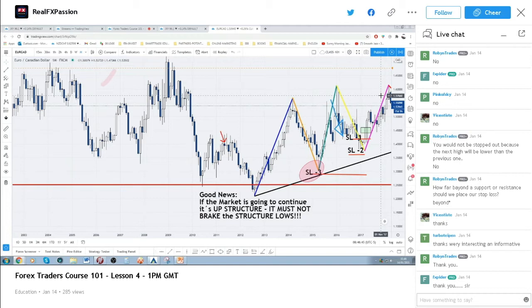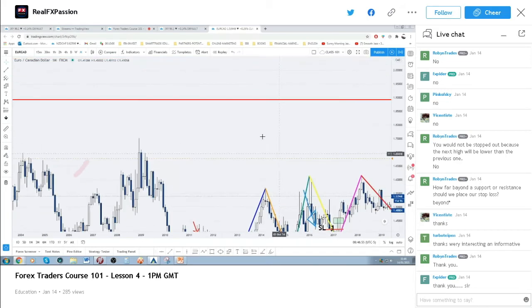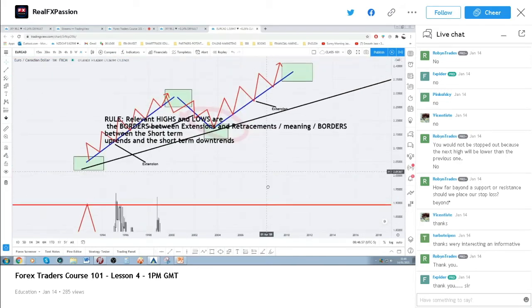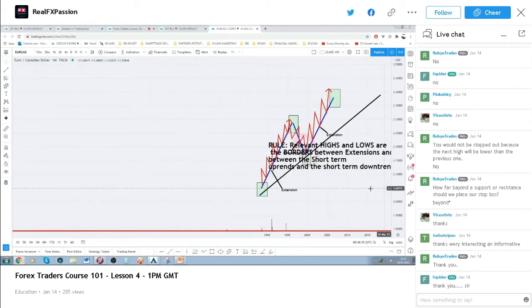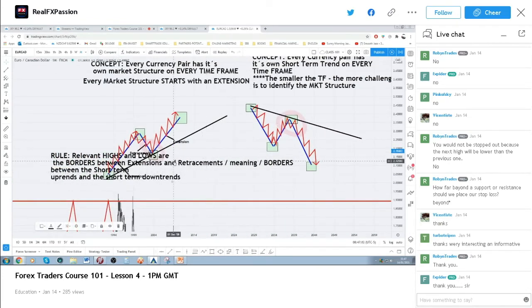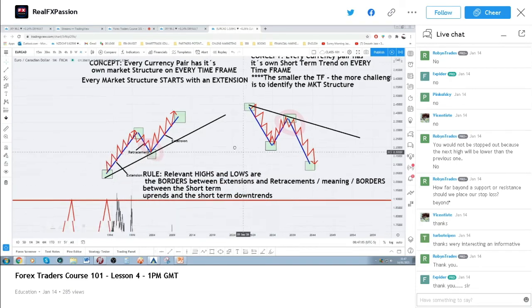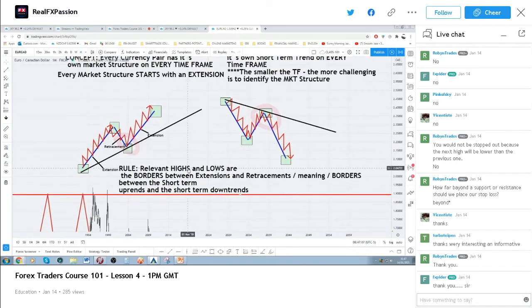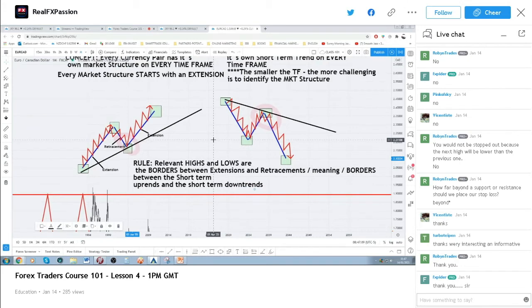The structural low to confirm the break, yes, sir, to confirm trend direction. Pink, great question. My answer is number 1: if you're a beginner trader, don't mix structure with trends. But either way, you need to backtest this.